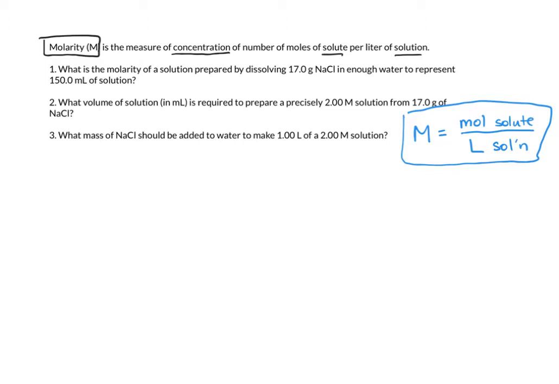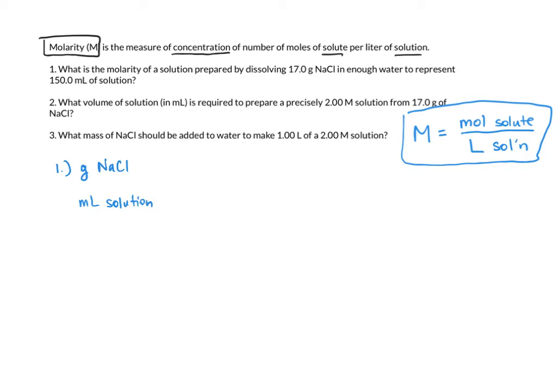Firstly, we'd like to know what the molarity of a solution would be if we measured out 17.0 grams of sodium chloride and mixed it with enough water to make 150 total milliliters of solution. In this problem, we know our number of grams of NaCl, and we know our volume of solution in milliliters.